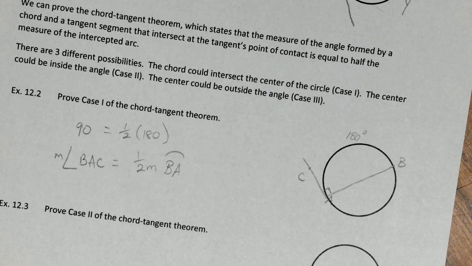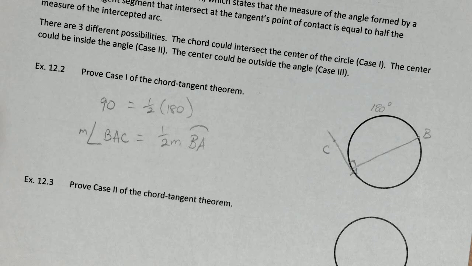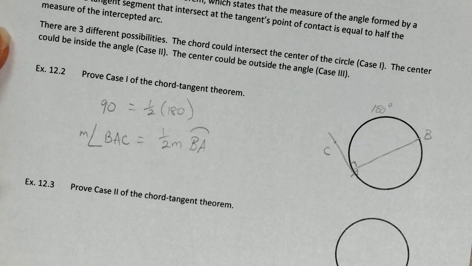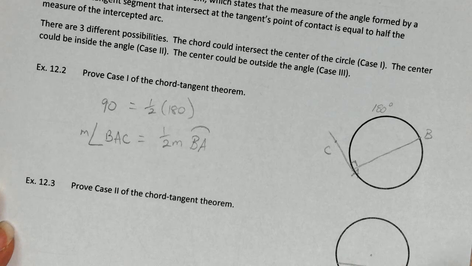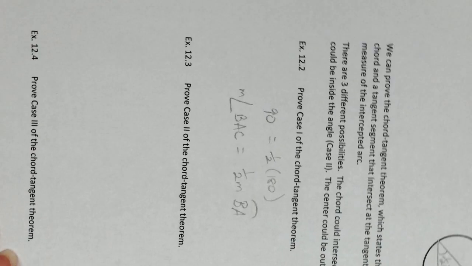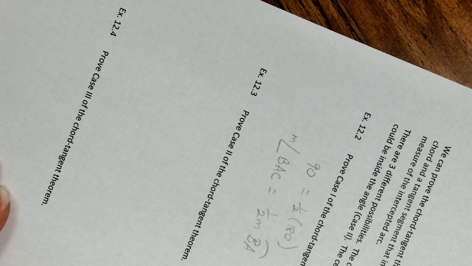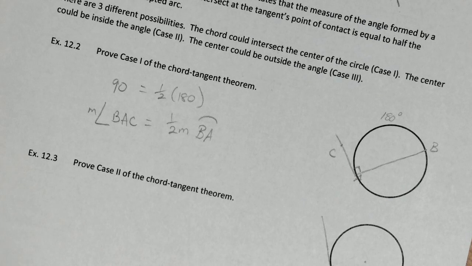Now in case 2, the center could be inside the angle. So if the center's here, say, let's go like this, and then a tangent to the circle, something like that. And we are getting an obtuse angle.